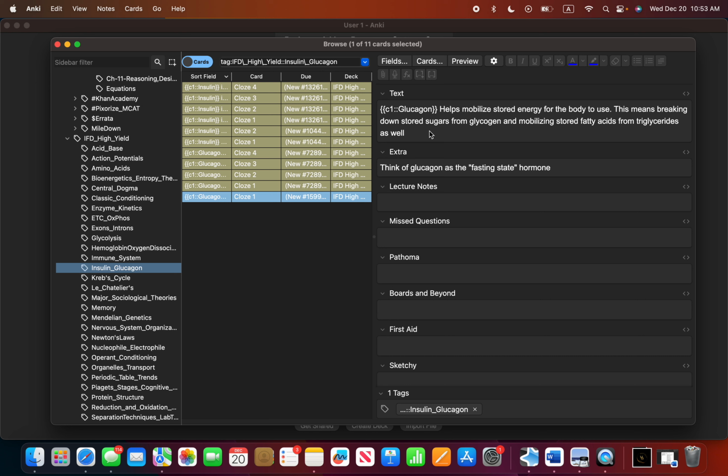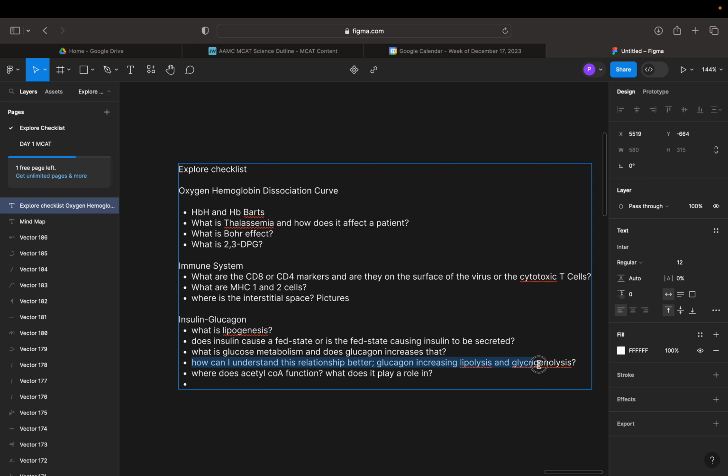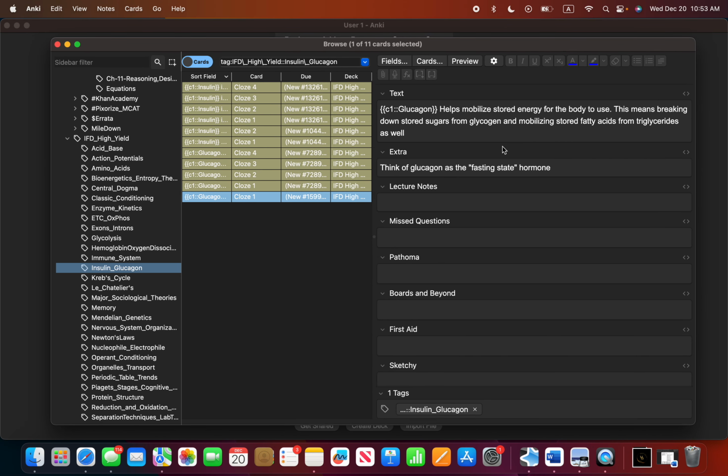This means breaking down stored sugars like glycogen and mobilizing stored fatty acids from triglycerides as well. Okay, now it all makes sense, right? So we have our question kind of answered, but we need to know it in more detail: how glucagon increases lipolysis and glycogenolysis. What is the chain of reactions that take place?